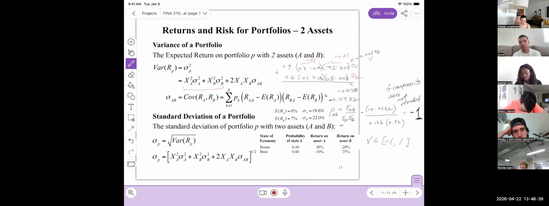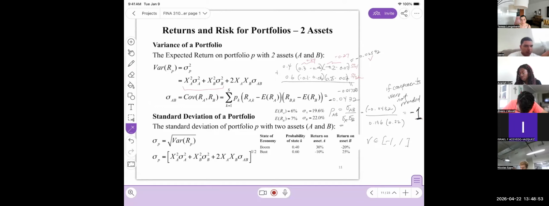What we're more interested in, if you do have perfectly negatively correlated assets, is that you will be able to find the best combination to completely eliminate all risk. In other words, your variance will be 0. But you have to find the right combination.